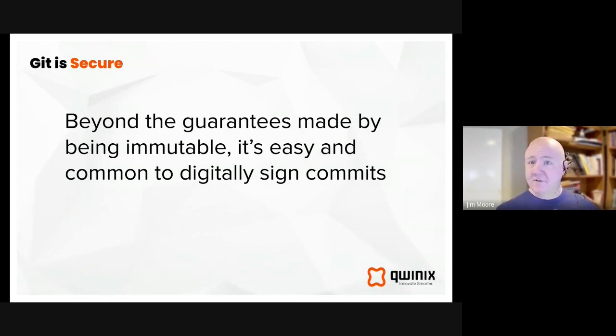It was created by Linus Torvalds, who of course also manages the Linux operating system source code. Considering how much stuff runs on Linux, it would be really, really bad if you couldn't make extremely strong security guarantees on that source code. And so that's one of the things that Git does. It's very easy to secure that code.